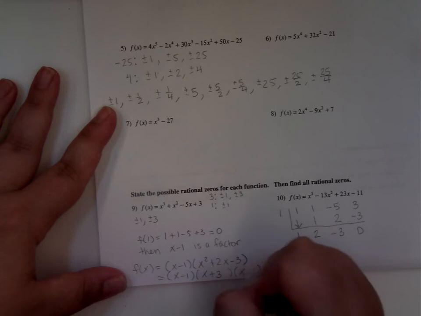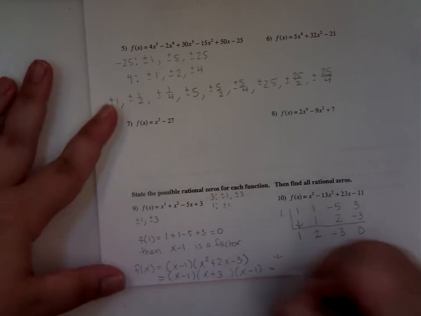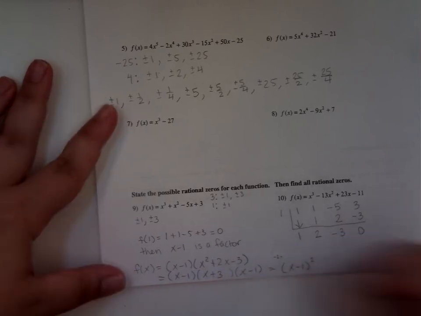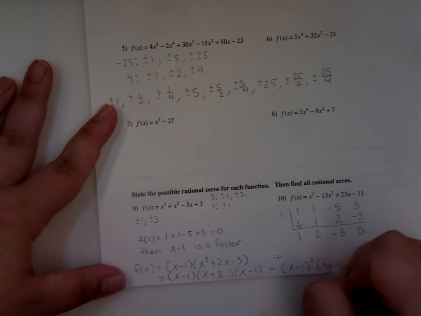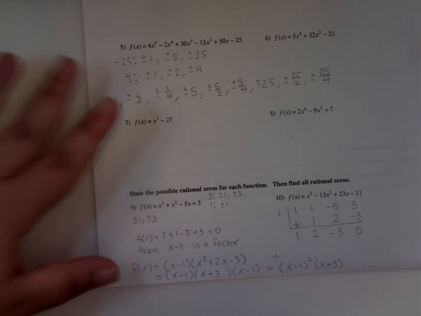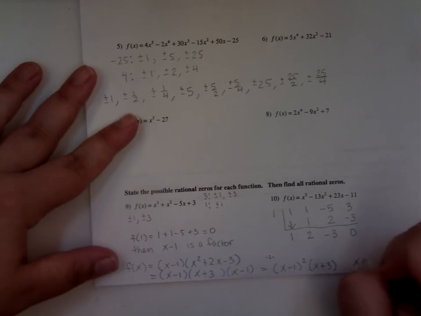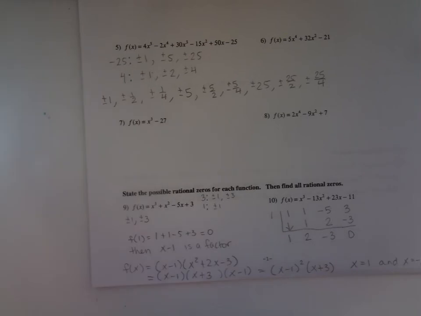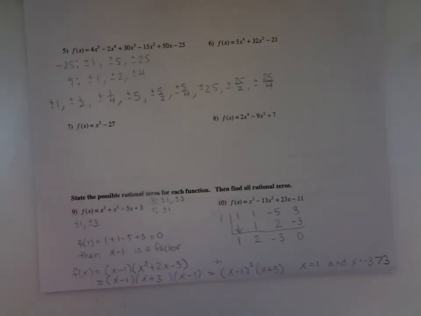So x minus 1 has a multiplicity of 2, and x plus 3 has a multiplicity of 1. So our zeros are x equals 1 and x equals negative 3.